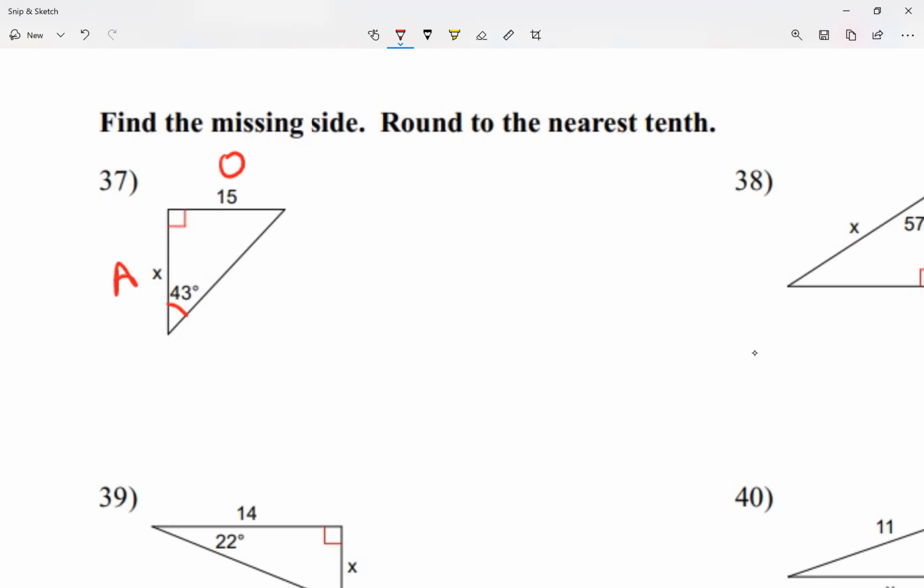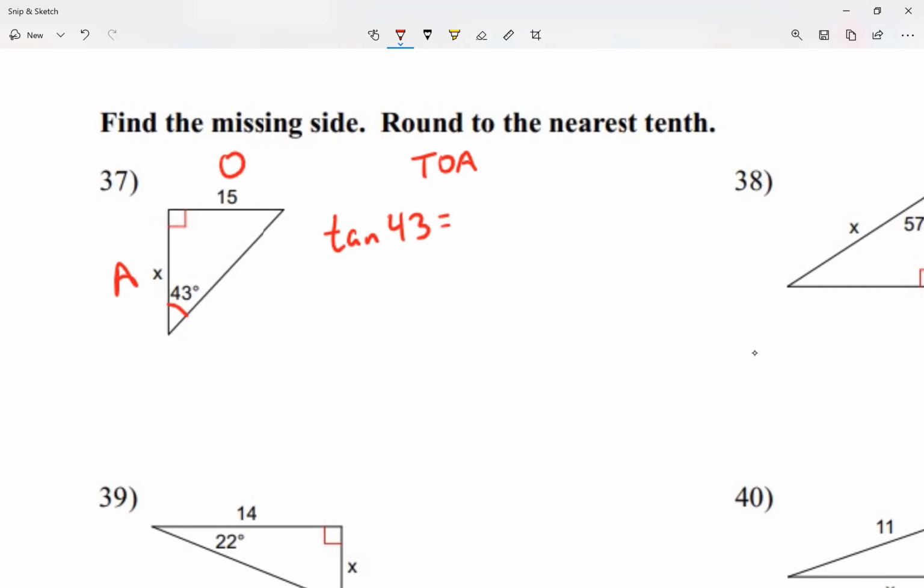So O and A, I'm going to remember the acronym TOA. That means that tangent of 43 degrees. Every time, tangent, sine, cosine, whichever one we're doing, of the degree. So tangent of 43 equals opposite over adjacent.